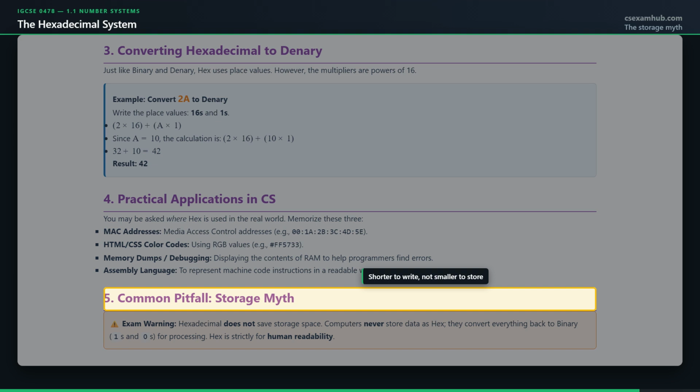So if an exam question asks for the benefits of hexadecimal, the marks are for it being shorter to write, easier to read, less error-prone to copy, and mapping cleanly to binary in groups of 4. The marks are not for saving memory because that is simply false. Say that hex is compact to write and you are right. Say that hex uses less storage and you have lost the mark.